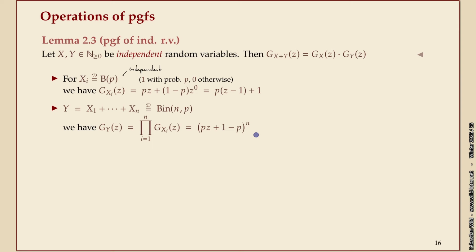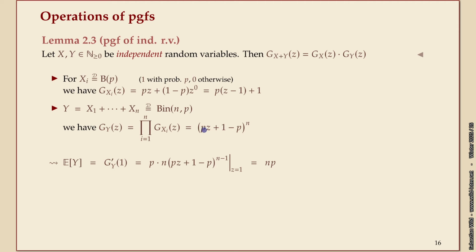Okay. I rewrote this here so that it's clearer how you take derivatives, because that's of course what we want to do next. If you want to compute the expected value of Y, I know that's a bit silly, you just want to go via the definition, but you could just take the derivative in this guy and set z to 1.